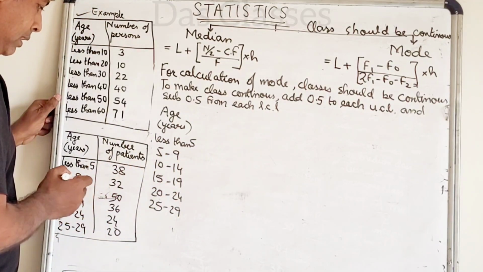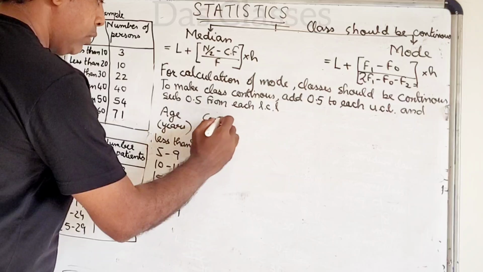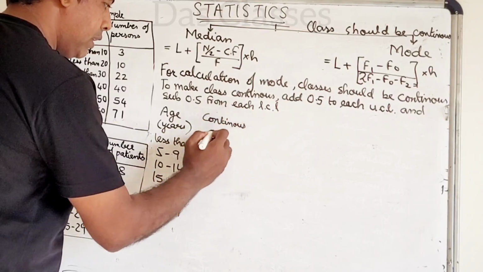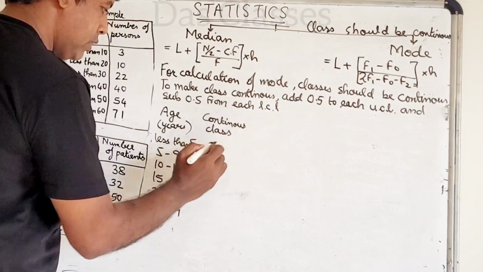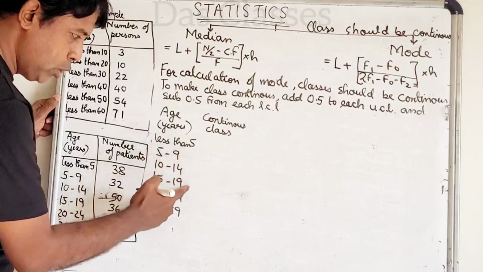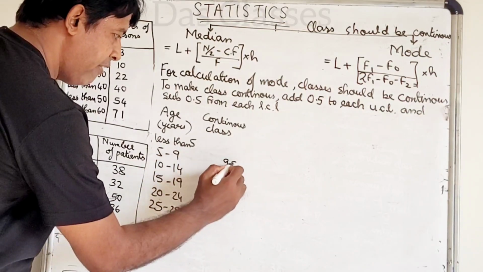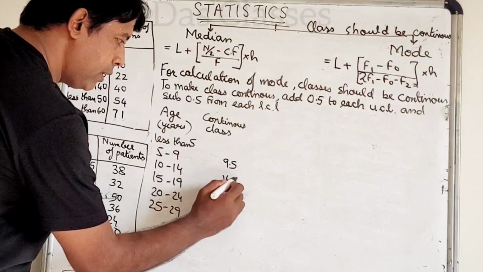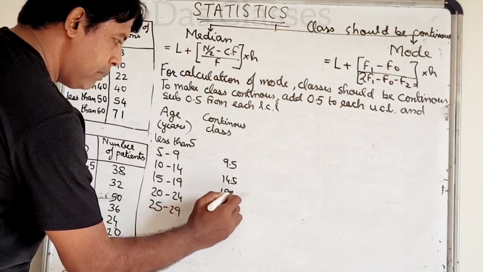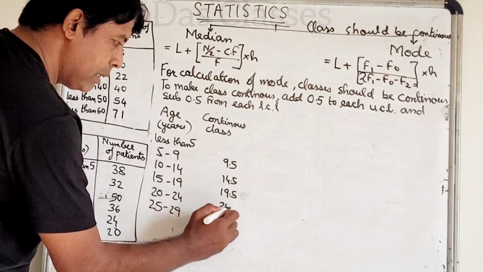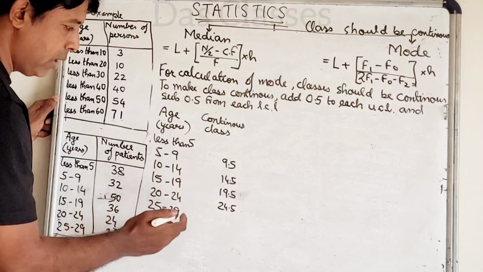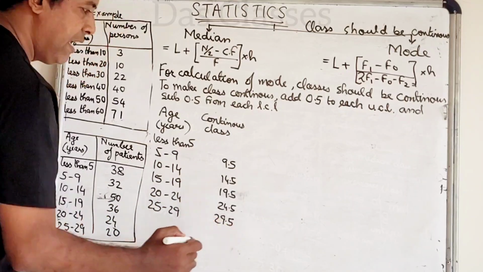First, let's write down the continuous class first. We are going to add 0.5 to each of the upper class limits. So this will become 9.5, 14 will become 14.5, 19 will become 19.5, 24 will become 24.5, and 29.5.